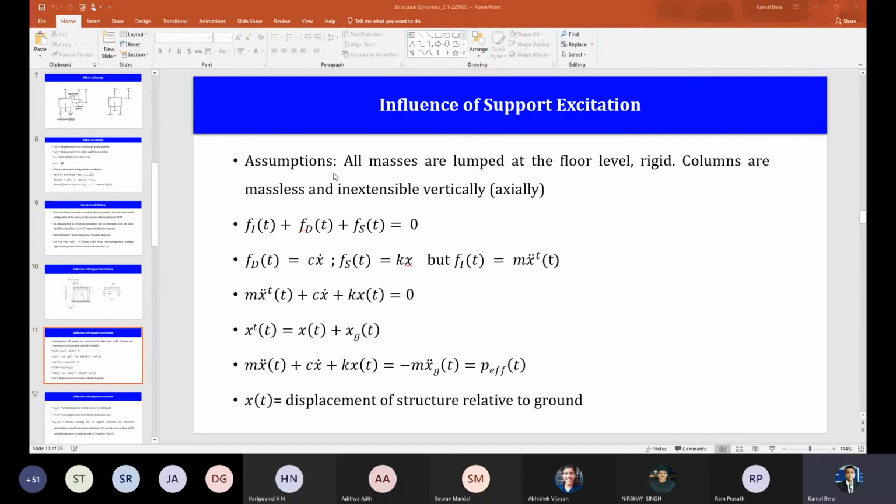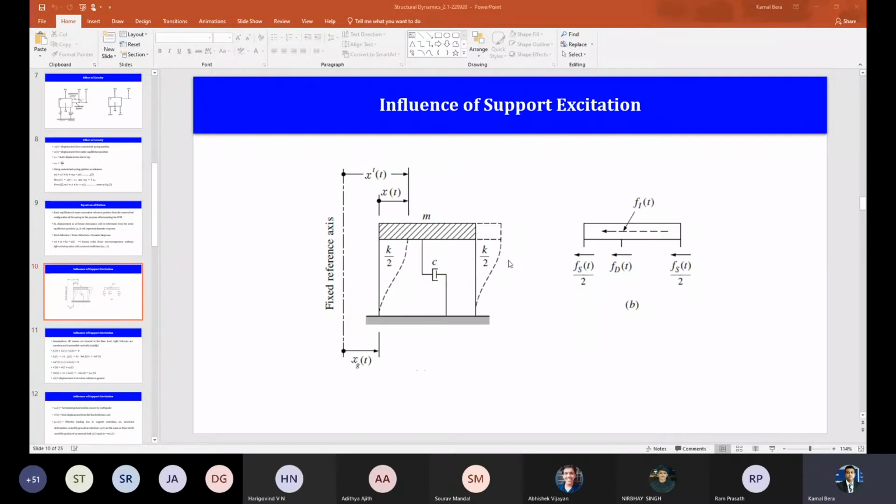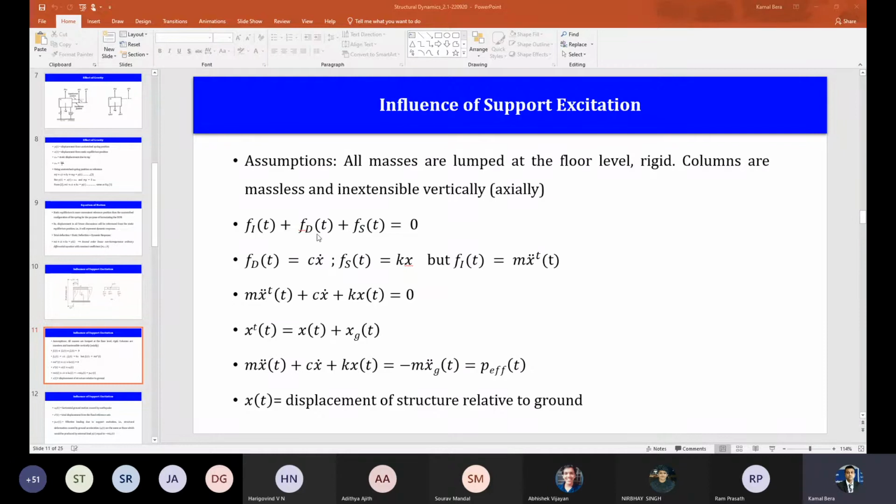Then in the next slide I am saying that this is the assumption so that we can consider this as a single degree of freedom system. So Fi plus Fd plus Fs equals 0, Fd is c into x dot, Fs is k into x, but Fi equals m into xt double dot. Then using D'Alembert's principle I can write this, and since xt equals x plus xg, I substitute there and get m x double dot plus c x dot plus k x equals minus m into xg double dot. So that is the same thing that we are writing. Correct?